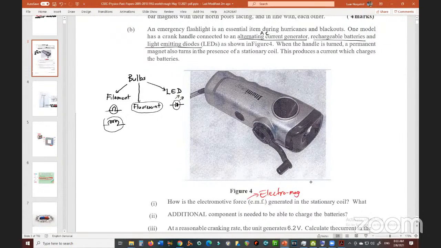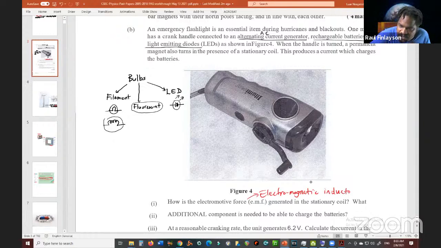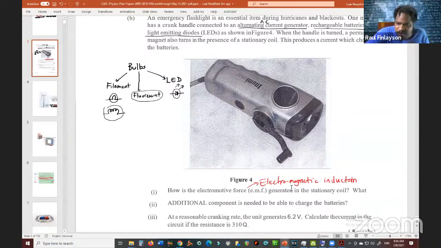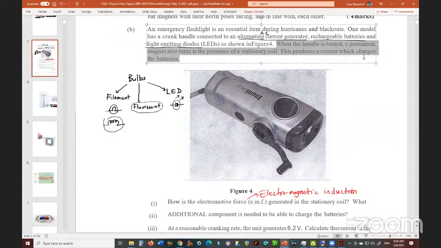It's the same thing as magnetic induction also, sir? You have to write induction. You have to use the word induction. If you write induction, you will get the mark. What is induction? The process is called induction. I was asking if magnetic induction would be the same thing as electromagnetic induction.